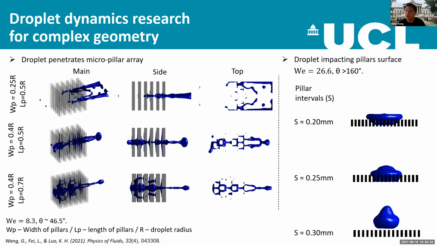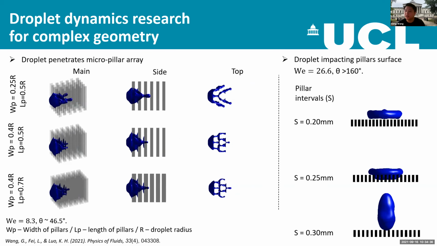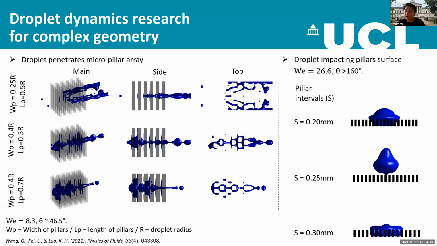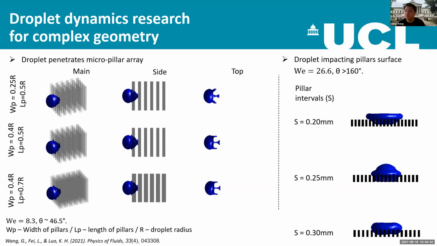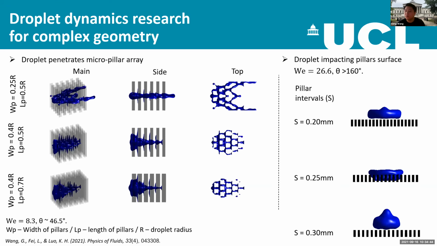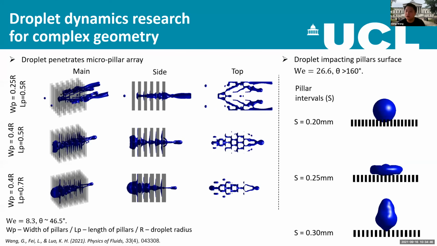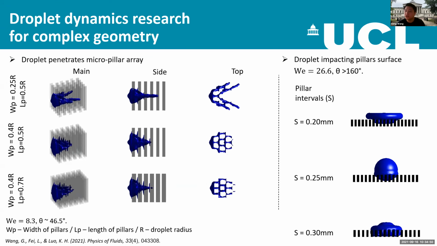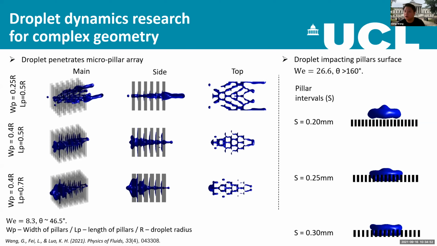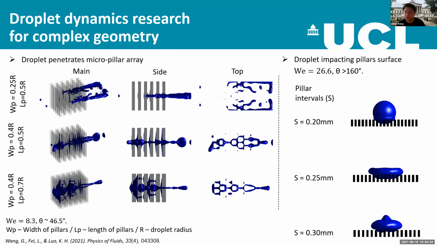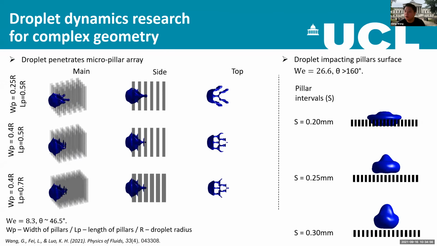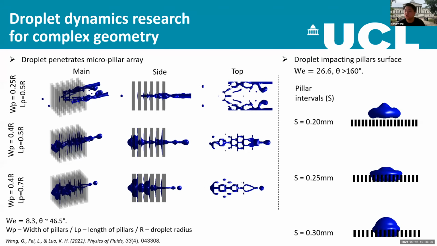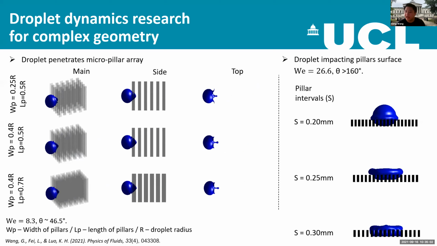In this work, we carry out a parametric study by changing the droplet impacting velocity, micro-parallel opening fraction, and the wettability of the micro-parallel surface. It's found that the change of the droplet impacting velocity and the configuration setup can significantly influence the droplet penetration dynamics.